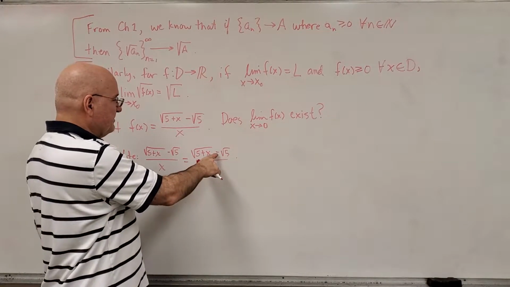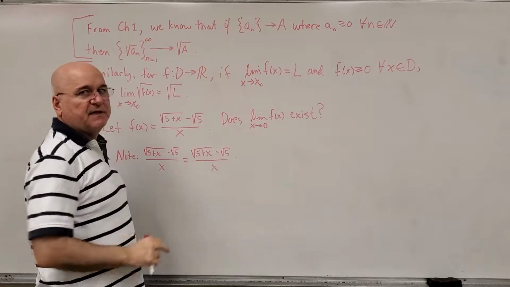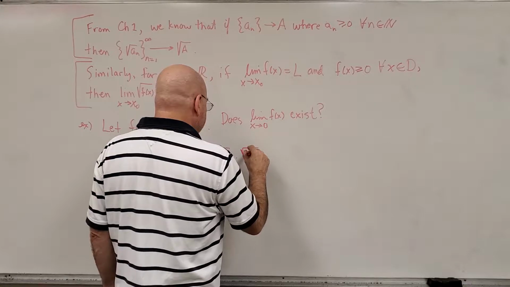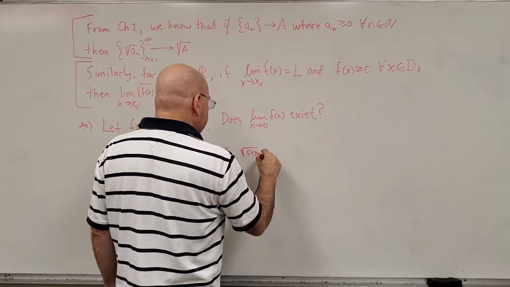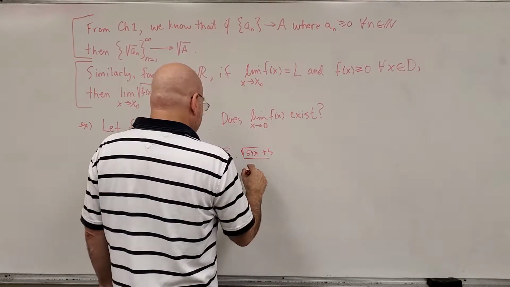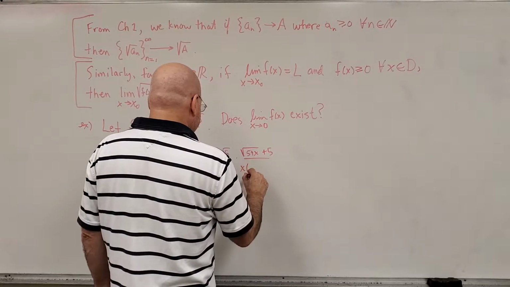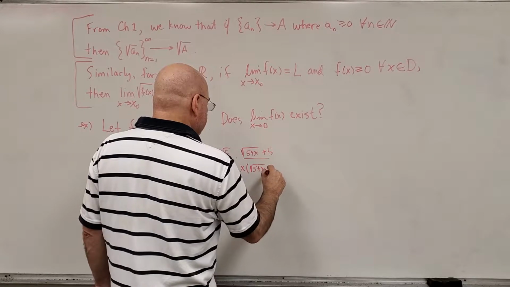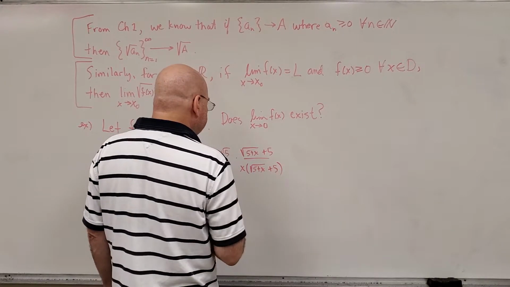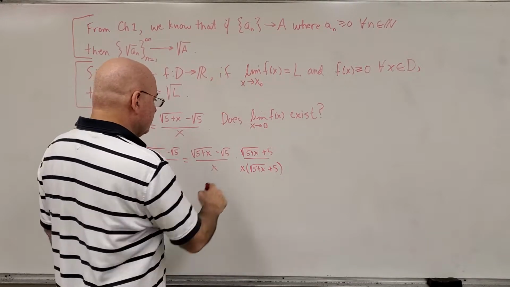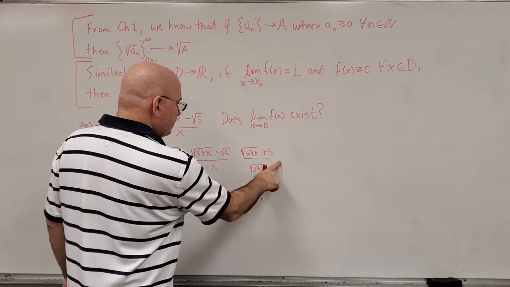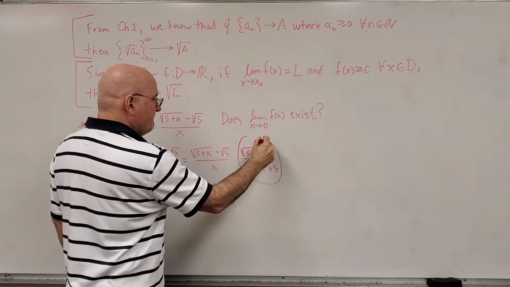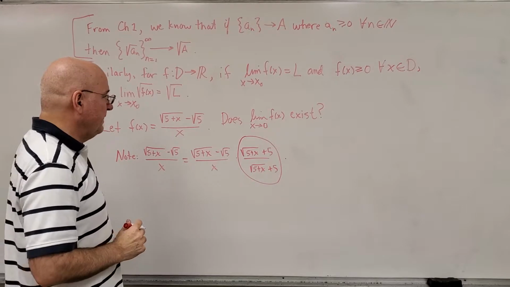The conjugate of the top is what you get when you replace the minus with a plus sign. So I'll multiply the top and bottom by radical 5 plus x plus radical 5, over x times radical 5 plus x plus radical 5. This is just equal to 1, so it's not changed. It's an equivalent expression.